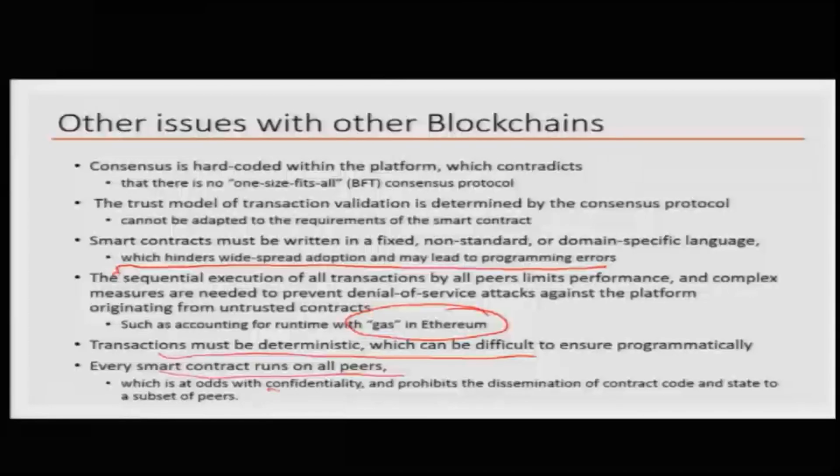That is also not desirable, and therefore the confidentiality of the business secrets is not kept, and we need some way of not having a system in which smart contracts are run at every node. So, all these things they figured out in the earlier blockchains that they want to make a difference from.